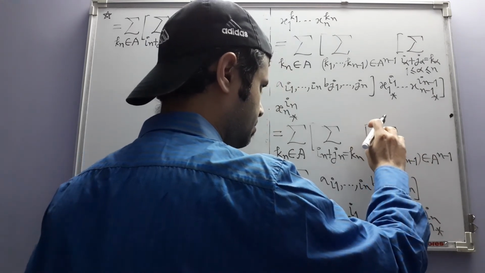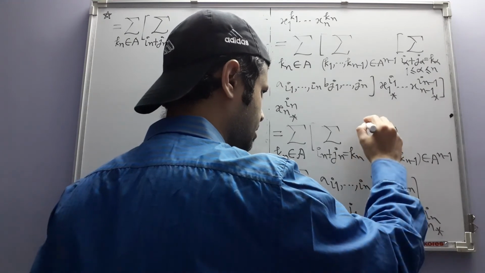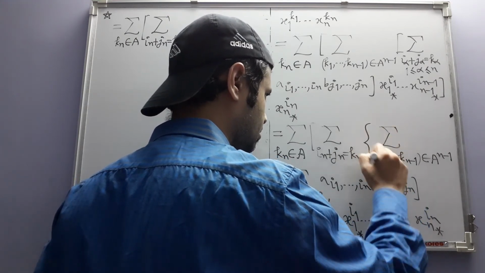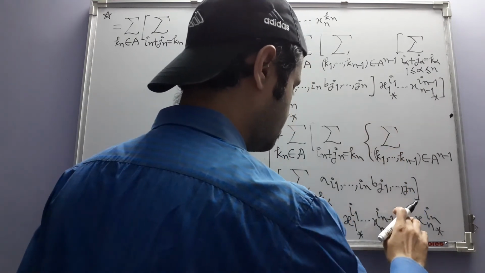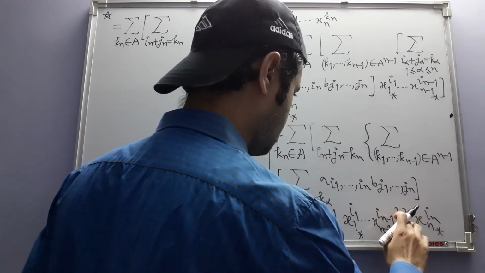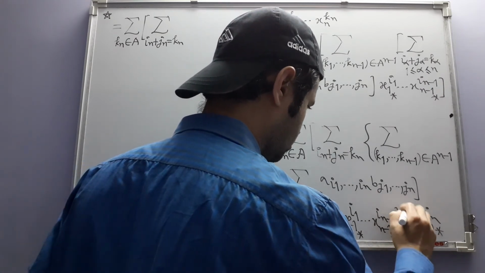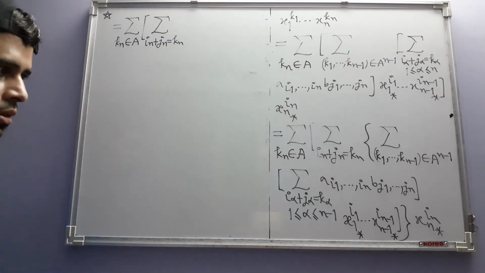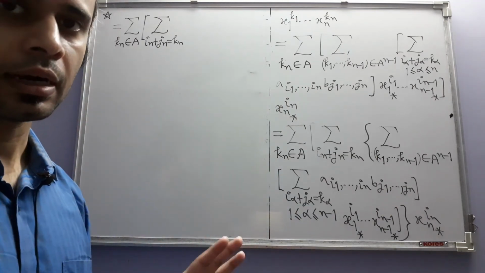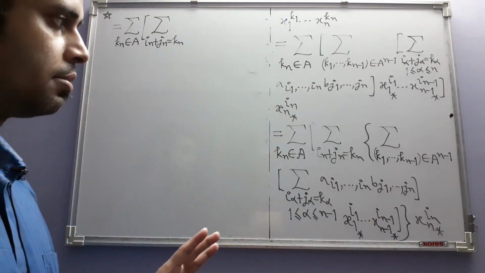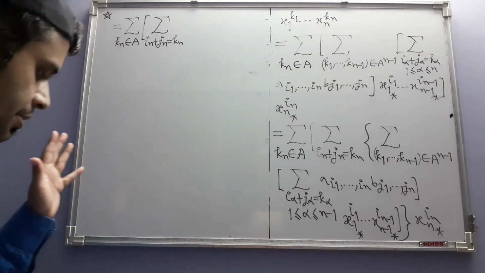If I use a slightly different bracket, say I use this, the expression inside the curly brackets is this product.